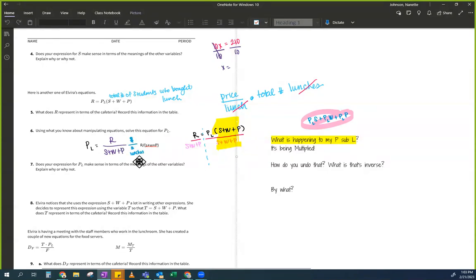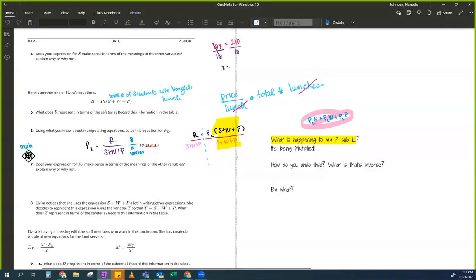Have you guys ever seen anybody write miles per hour not like this? Does anybody know an alternative way to write miles per hour besides mph? How can you write it besides miles per hour? Write it out fully.